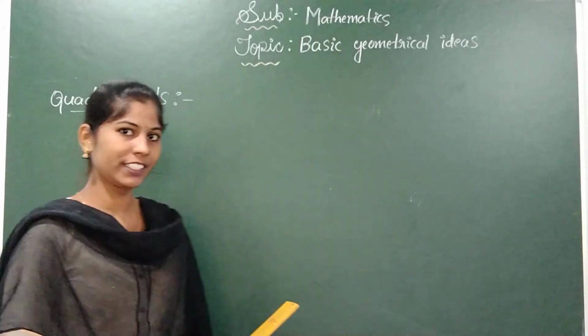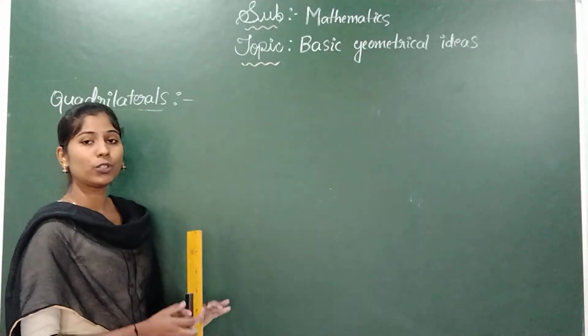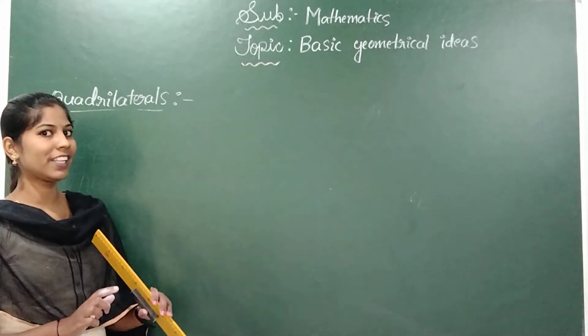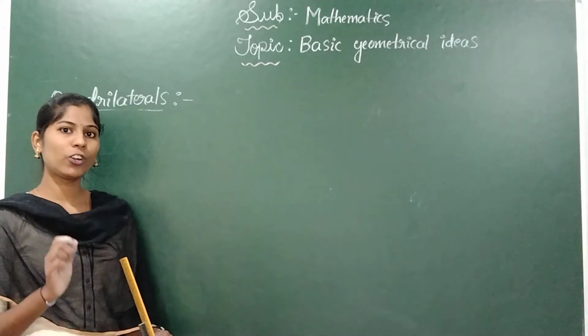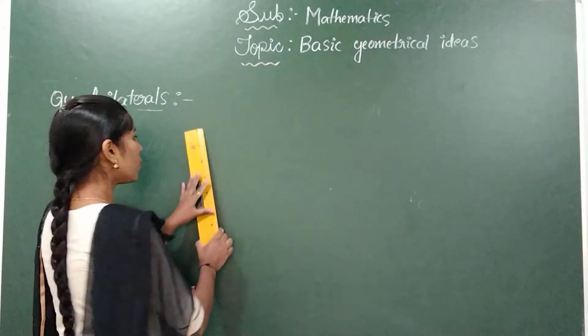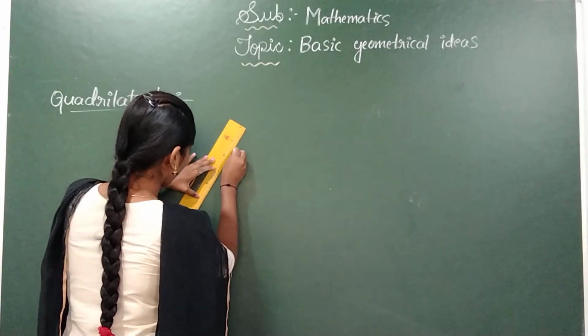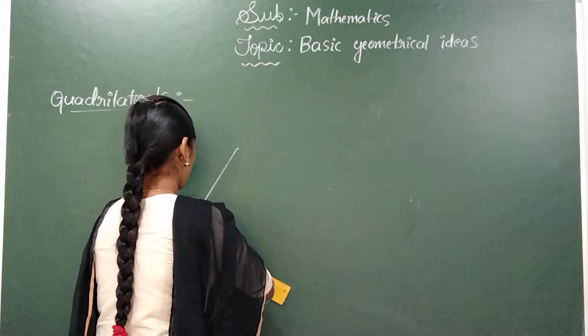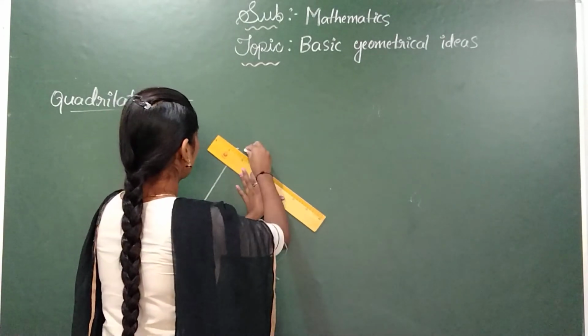How can you draw it? You have to draw it with line segments, and it is completely made by line segments, and it is a closed figure. Okay, see here.